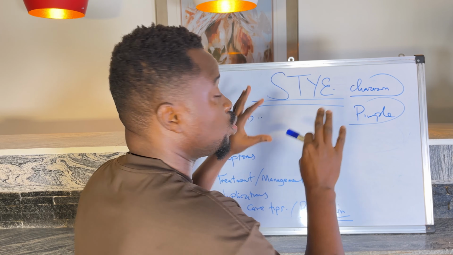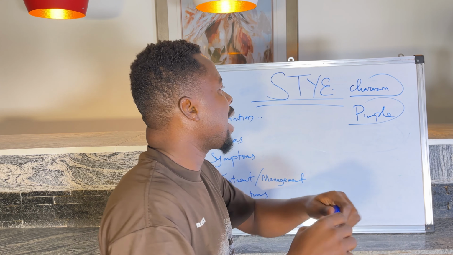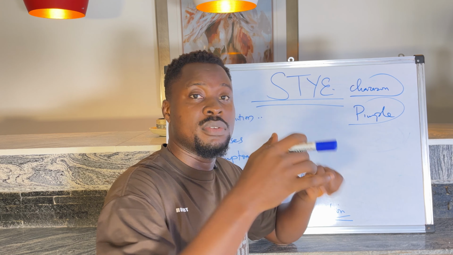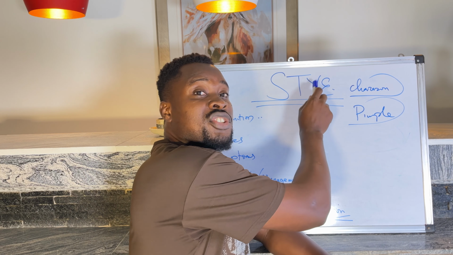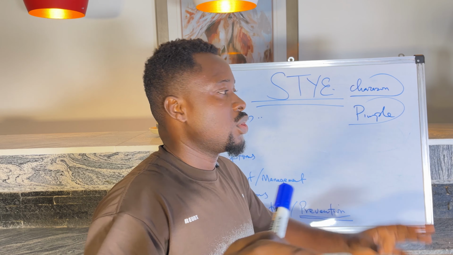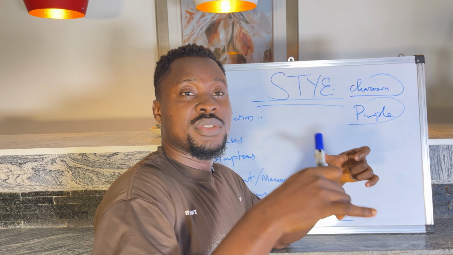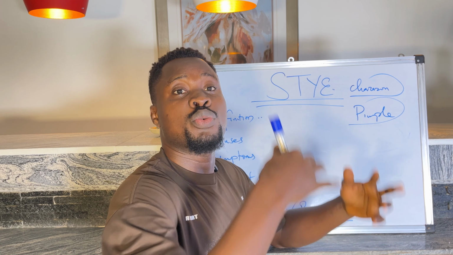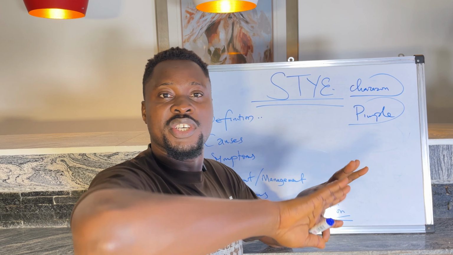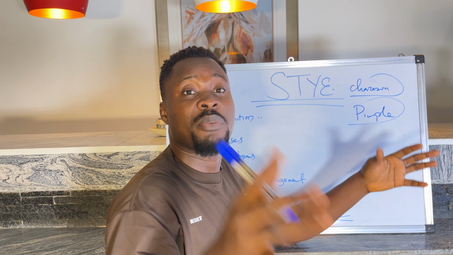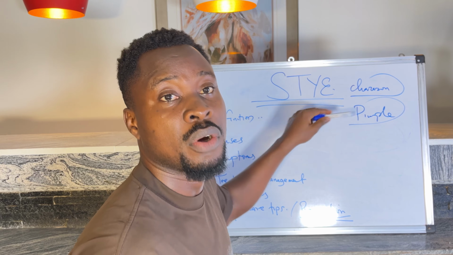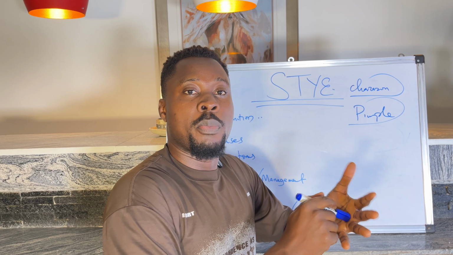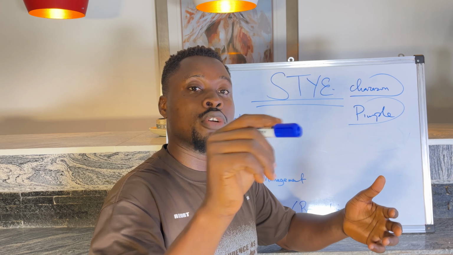It is usually swollen with a white head, and if you are not careful enough, you might be tempted to pop it. Do not pop a stye or chalazion. When you pop it, you might push back some of the contents of the stye into your system, which will lead to the occurrence or probably the spread of the infection. Remember, we said it is an infection of one of the glands of your eyelid. So do not pop it.